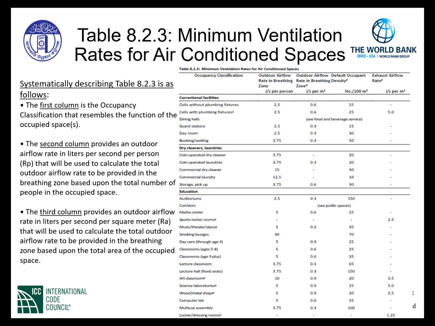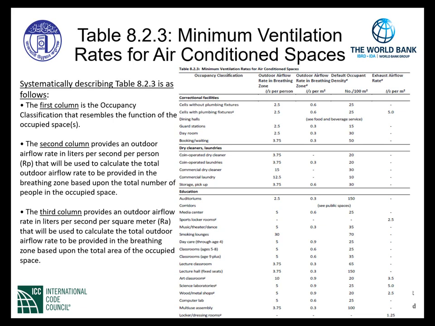And again, that is the first column. The second column provides an outdoor air rate in liters per second per person. The outdoor airflow rate, we can say, has a variable that we'll title R sub P, the rate of airflow per person. We will use this to calculate the total outdoor airflow rate to be provided in the breathing zone based upon the total number of people in the occupied space.